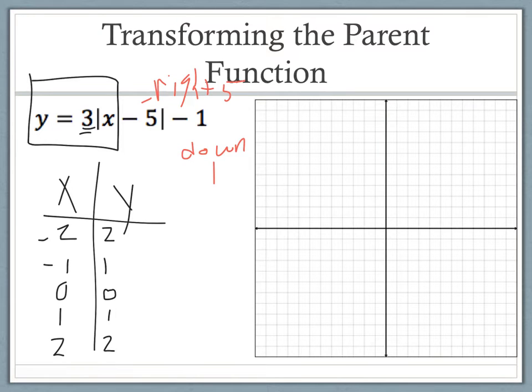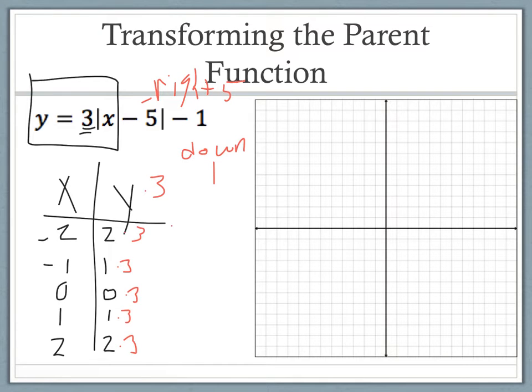Once I have those, that table is always going to be consistent. You'll always have that same table because it's just the basic y equals the absolute value of x. Now, I notice I had an a value of 3, so that tells me that I'm going to multiply all my y values by 3. So I'm going to multiply all these y values I just got by 3.